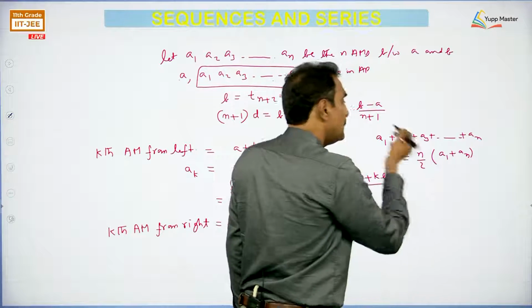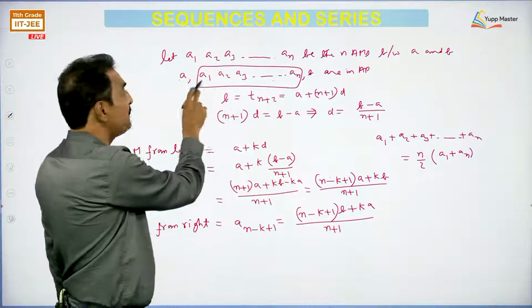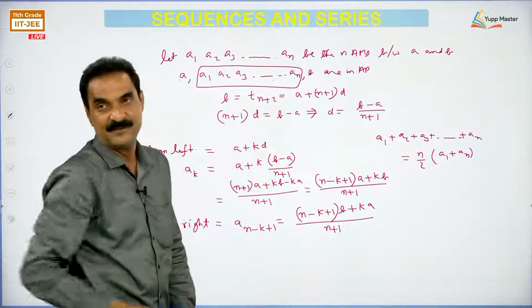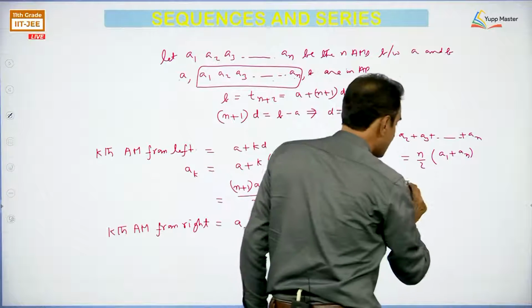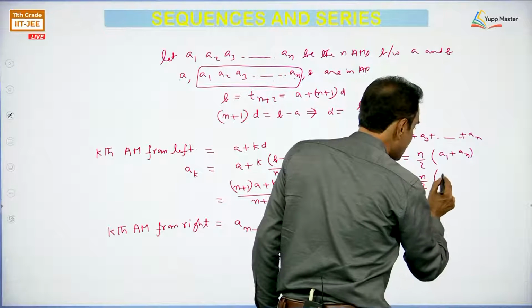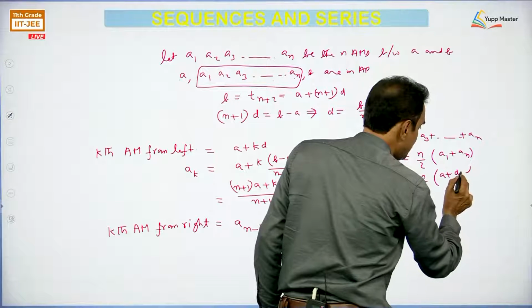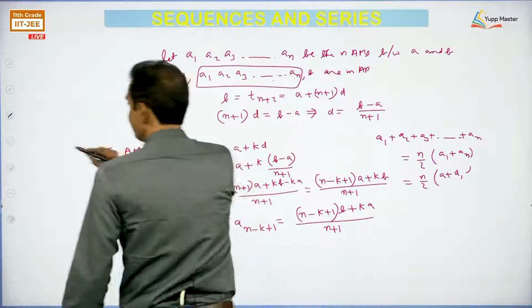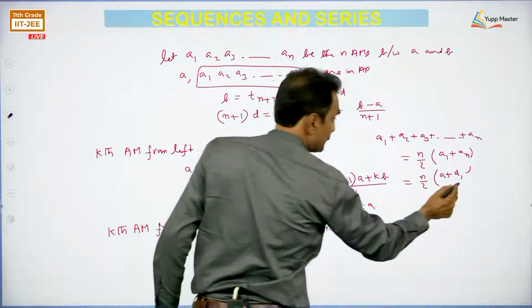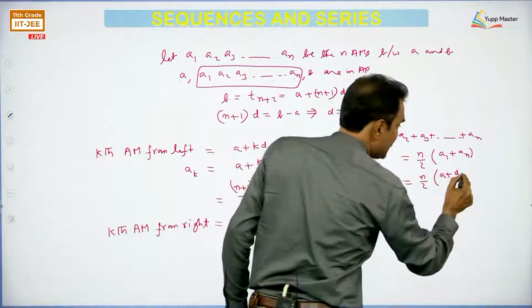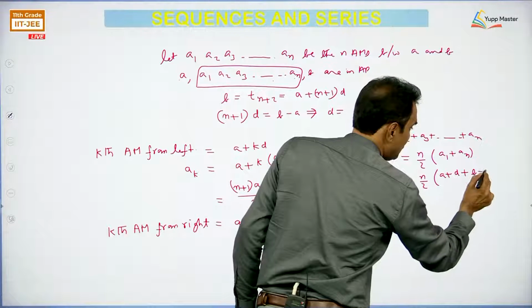Alright. But A1 is nothing but a plus d, An is nothing but b minus d. So if you write n by 2 into A1 is a plus d, An is b minus d, a plus d plus b minus d.